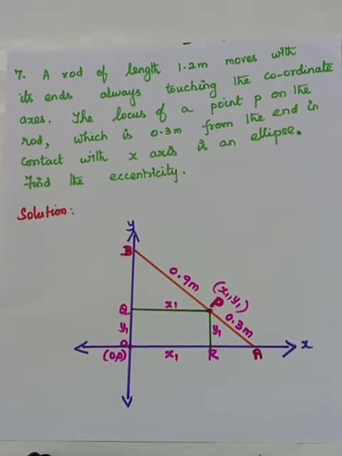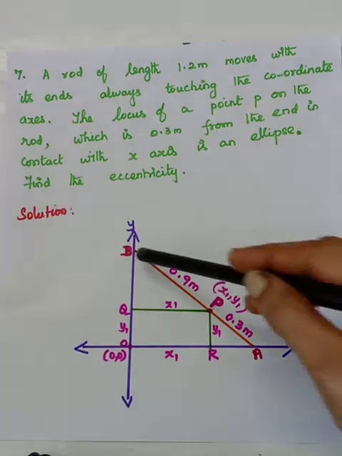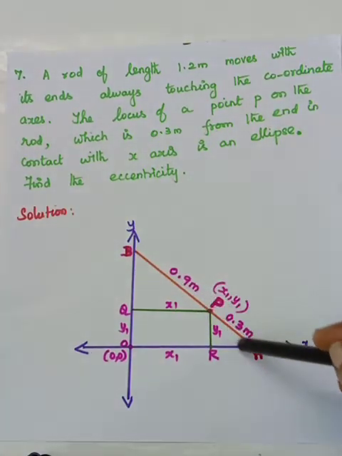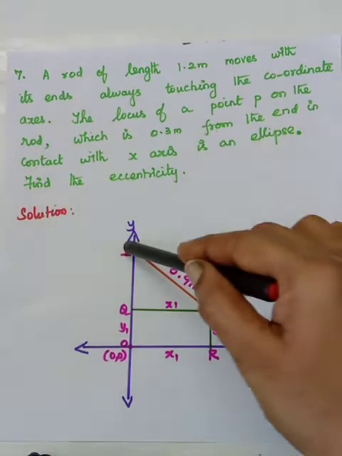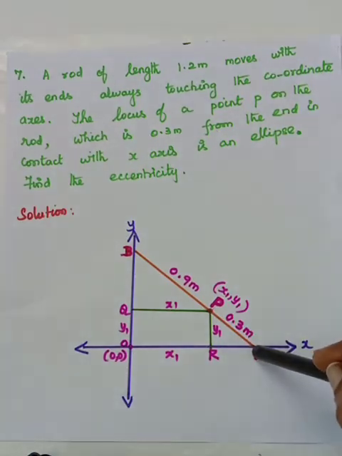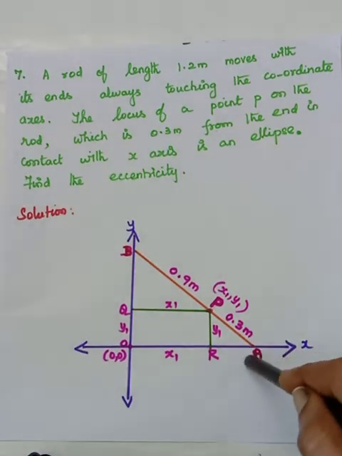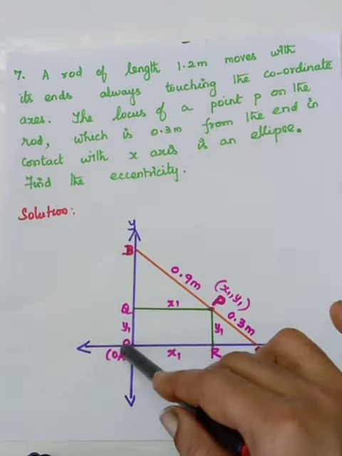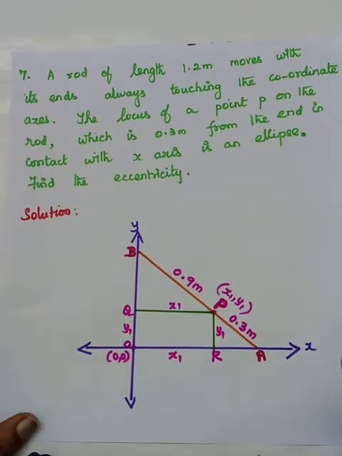Exercise 5.5, seventh problem. A rod of length 1.2 meters moves with its ends always touching the coordinate axes. Here AB is the rod, whose length is 1.2 meters, and it moves with its ends always touching the coordinate axes.